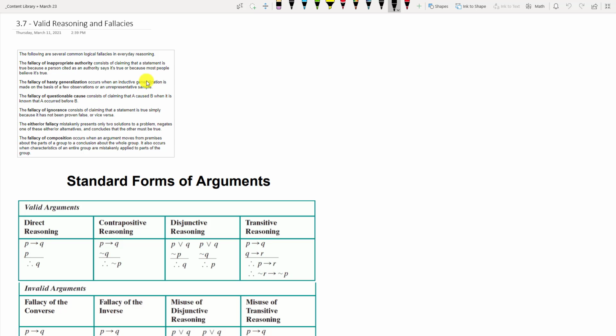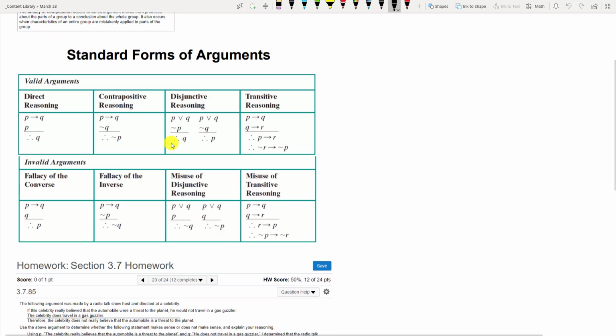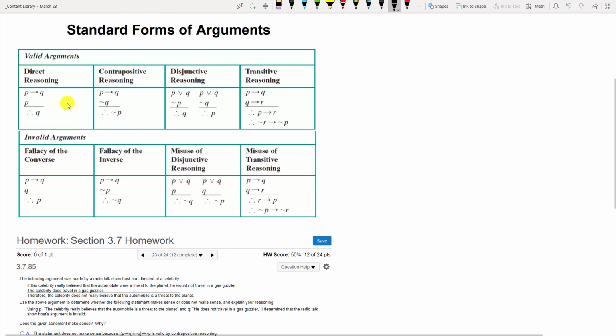So these are terms you don't necessarily need to memorize, but you will be required to identify them for some of the homework questions. And there are standard forms of arguments down here. Direct reasoning: if P then Q means that if P happens, then Q happened.